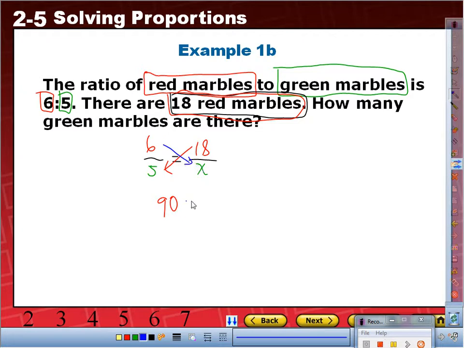What is 6 times X? 6X. At the end, the 6 is multiplying, so the inverse is we need to divide by 6 both sides. X equals 90 divided by 6, that's 15. So therefore, you need to write, there are 15 green marbles.